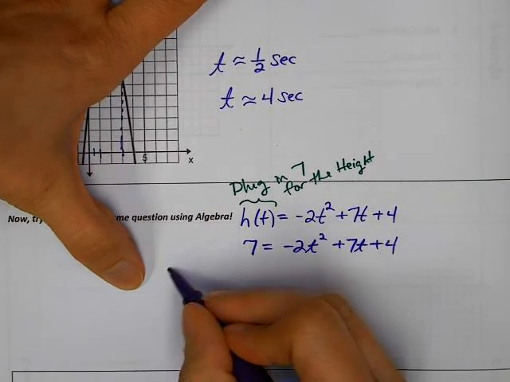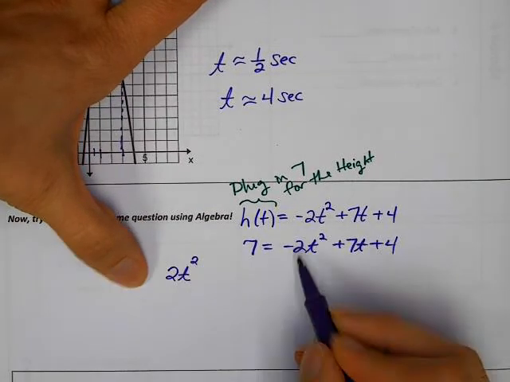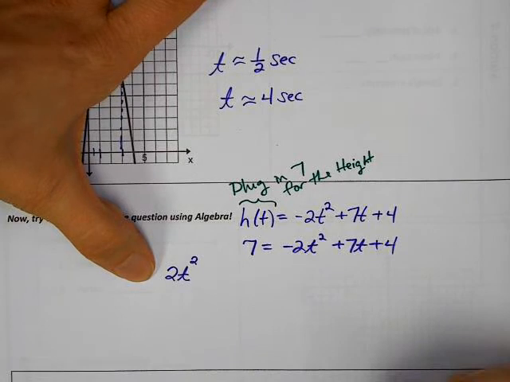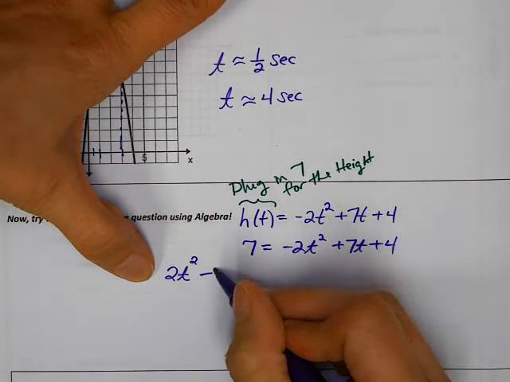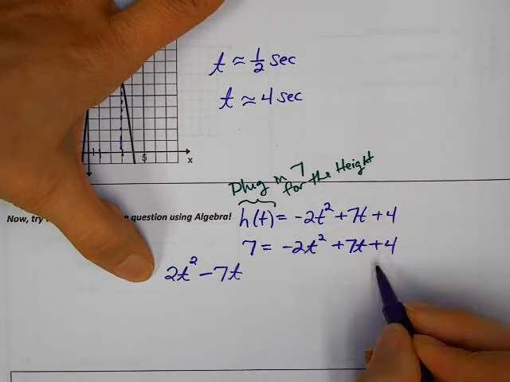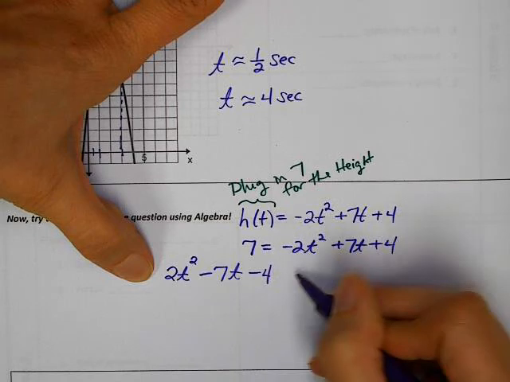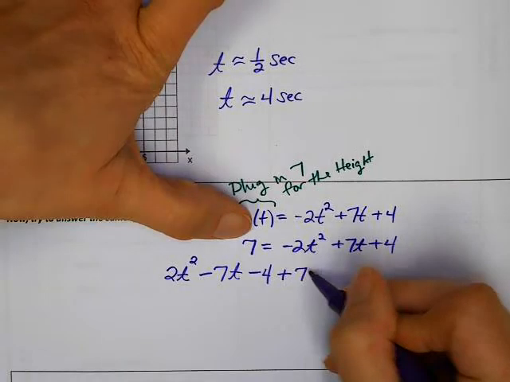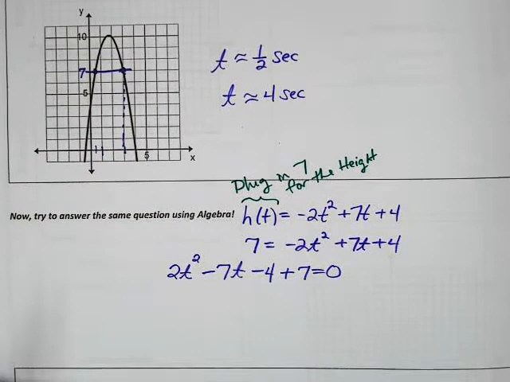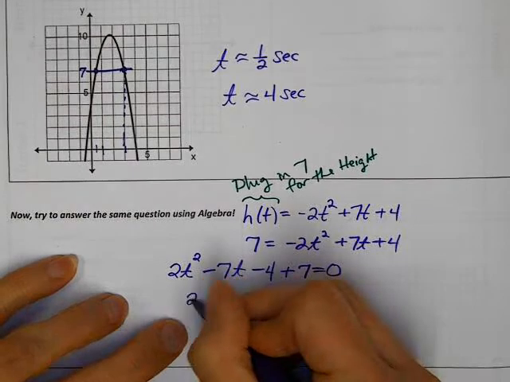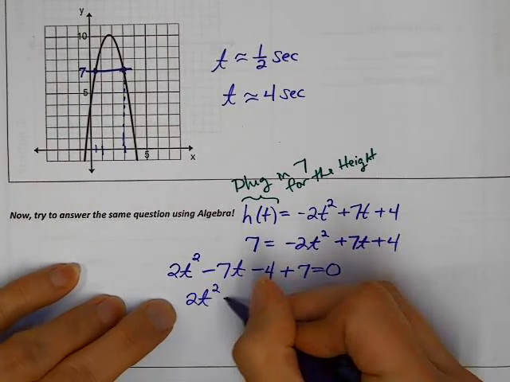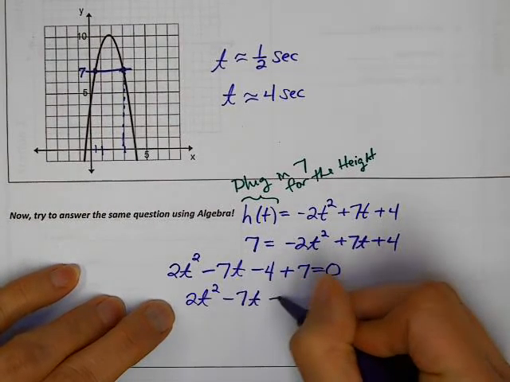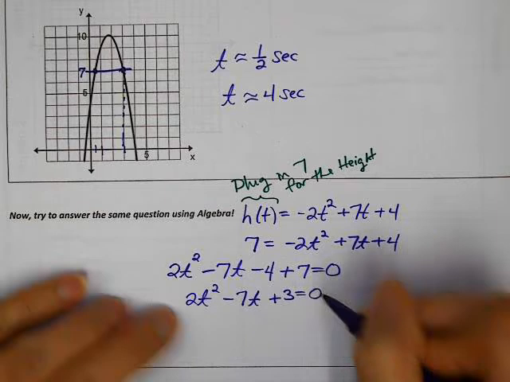Switch sides, switch signs. That makes a positive 2t squared, negative 7t, and then minus the 4. And then there's the 7, and it equals 0. Let's combine like terms: 2t squared minus 7t plus 3.